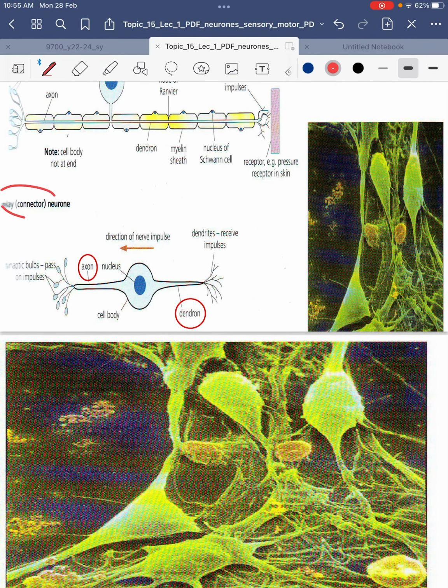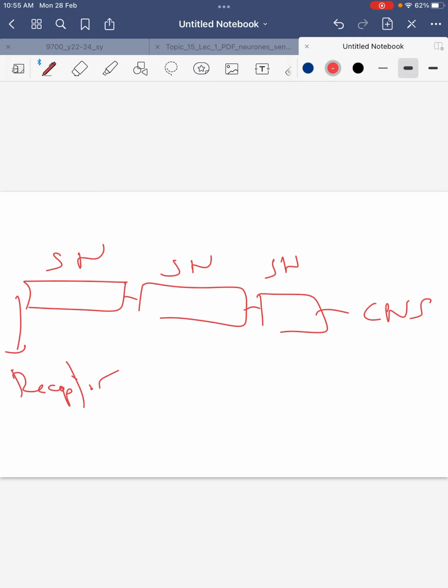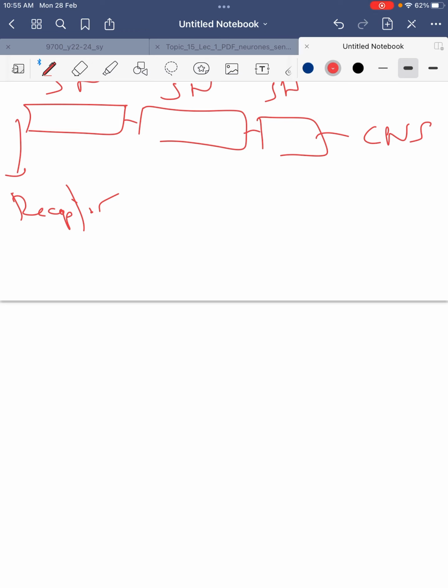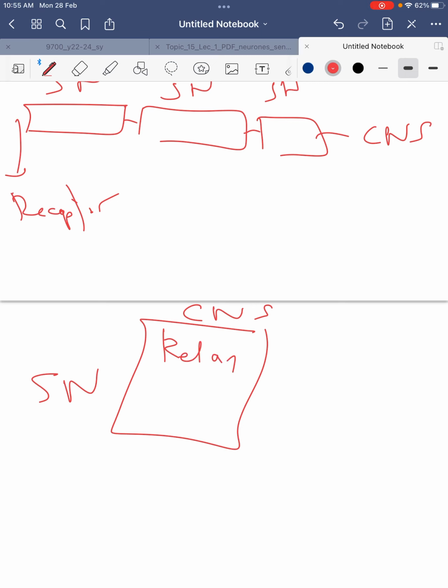This is a connector neuron, or relay neuron, or interneuron. There are many names. This is very, very important because this is the one that connects. So in the central nervous system, there is a sensory neuron, and then in the brain, there is a relay neuron in the middle, and then it connects to a motor neuron.